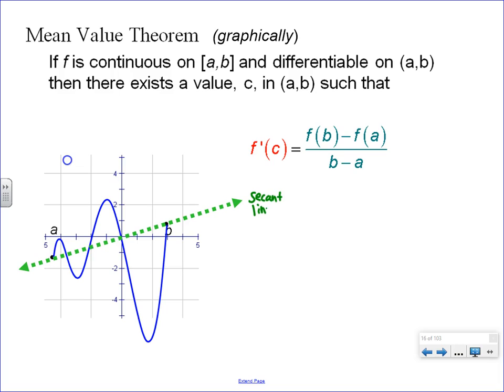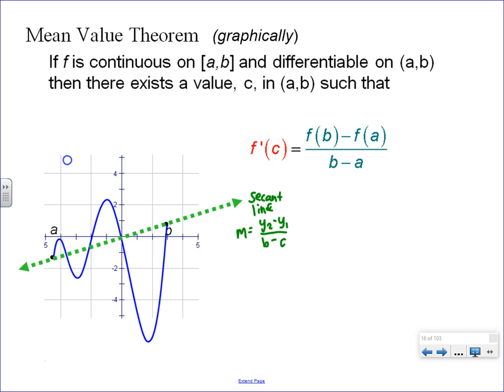How would you find the slope of that secant line? You have 2 points. It's going through A and it's going through B, and other random stuff. So what do you do? Y2 minus Y1 over X2 minus X1. Oh, B minus X1.